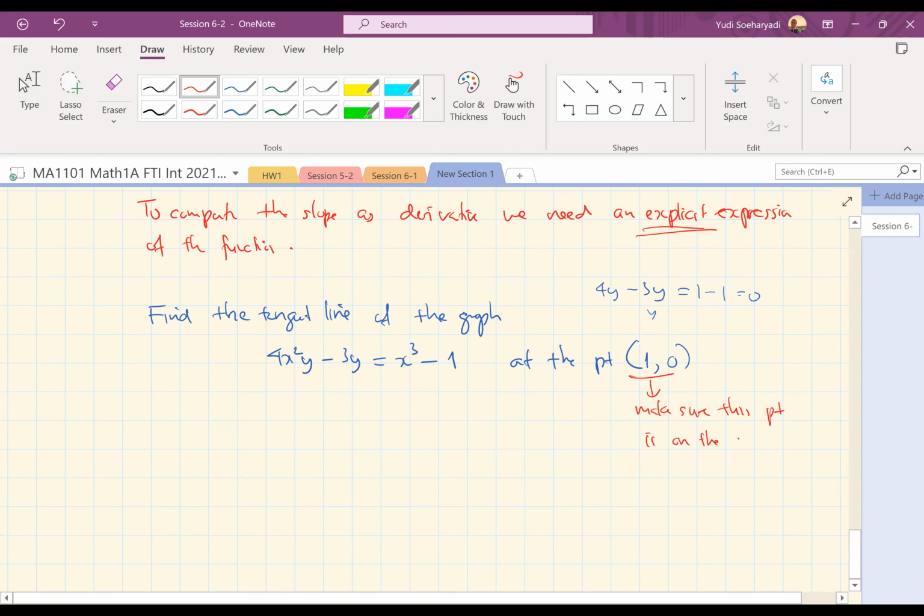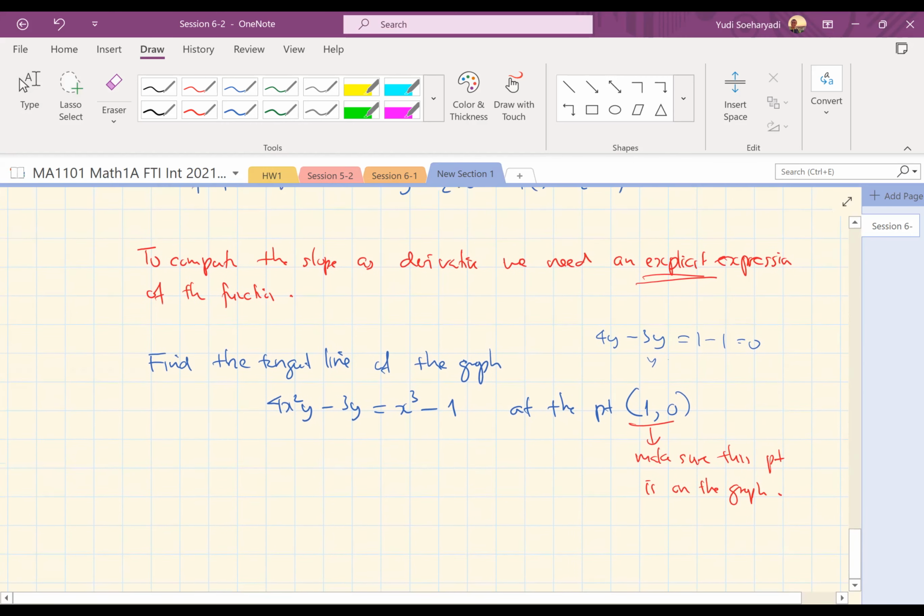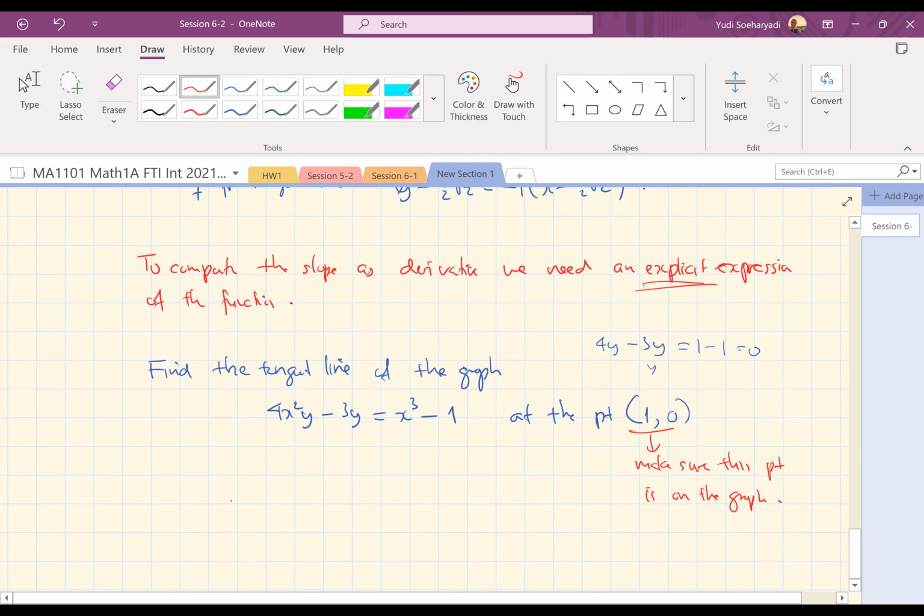On the graph. Okay. All right, so this example is still easy to solve. If you solve this, that's easy. This is how to solve this one.